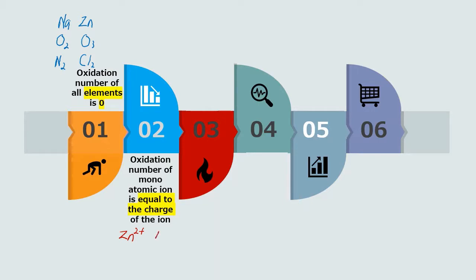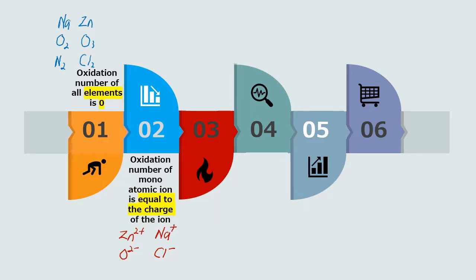Sodium ion. Oxide ion. The oxidation number of oxygen in oxide ion is -2. Chloride ion. The oxidation number of chlorine in chloride ion is -1.